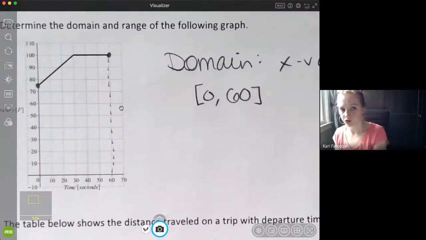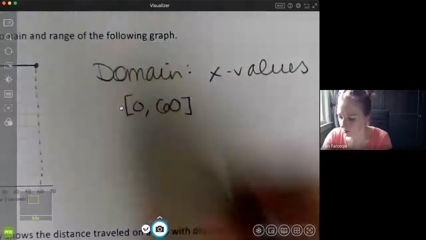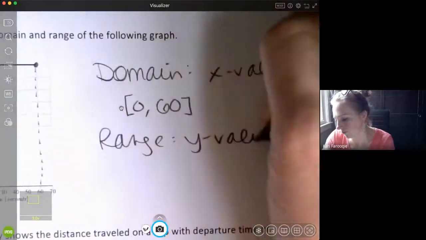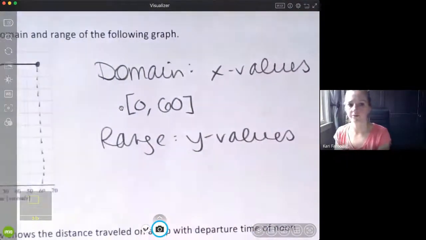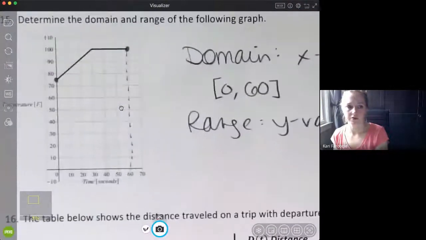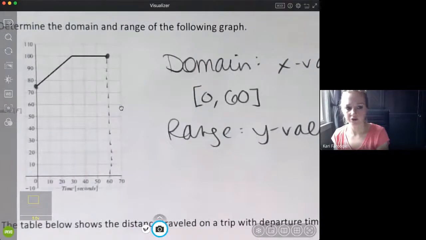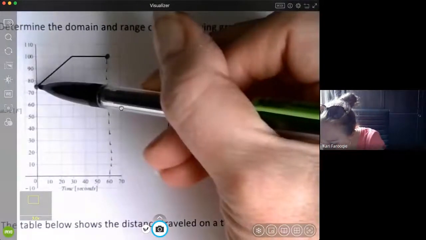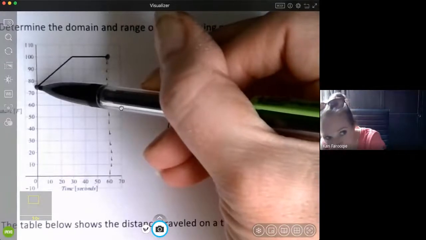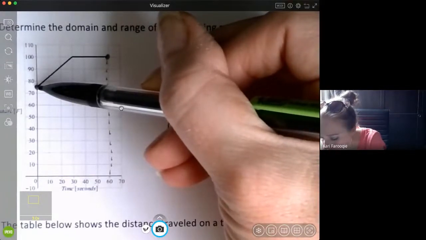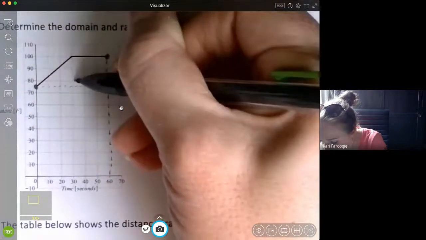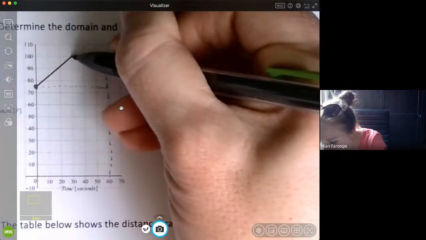For the range, same idea, but the range is covering y values. So when we're talking about the values that the graph is covering, we're starting at y equals about 75. If you can kind of see how we're going up here now to 100.